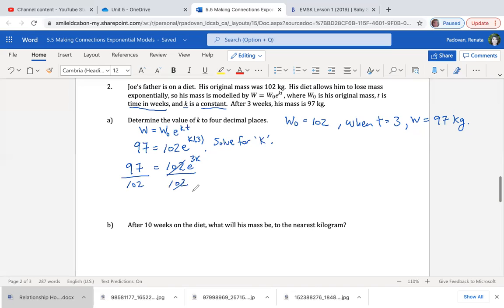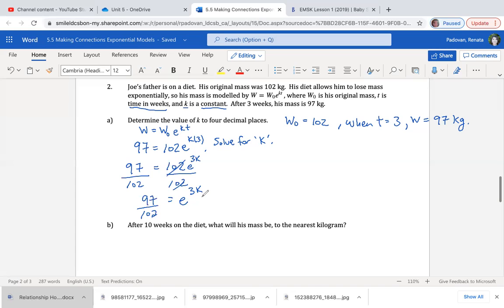So I have 97 divided by 102 equaling base of e to the exponent 3k. So I have a power with a base of e.